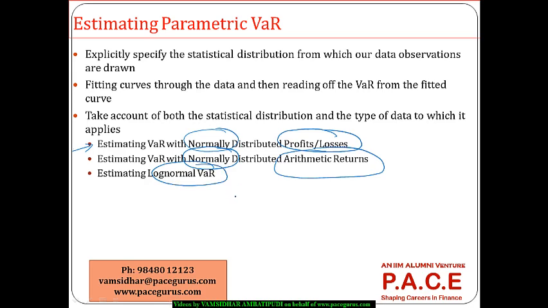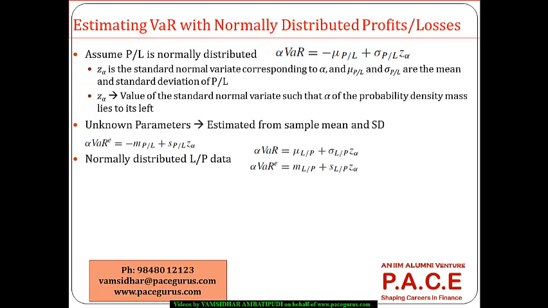And I look at the geometric returns, assume that they follow a normal distribution, and from there go ahead and compute the value at risk. So using all these mechanisms, let's go ahead. Now let's look at the first one.